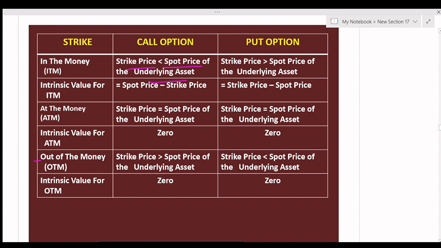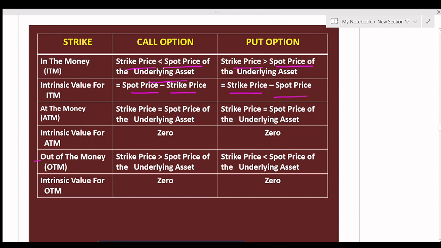And in a put option, if the strike price is greater than the spot price, then the ITM situation arises. Intrinsic value will be spot price minus strike price for the call option, and strike price minus spot price for the put option.